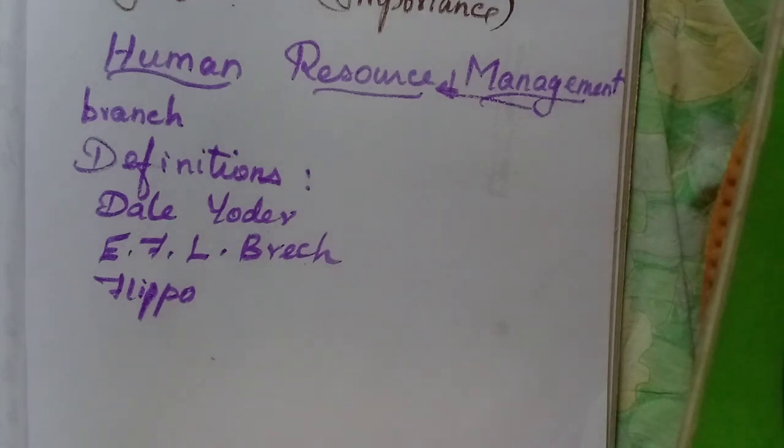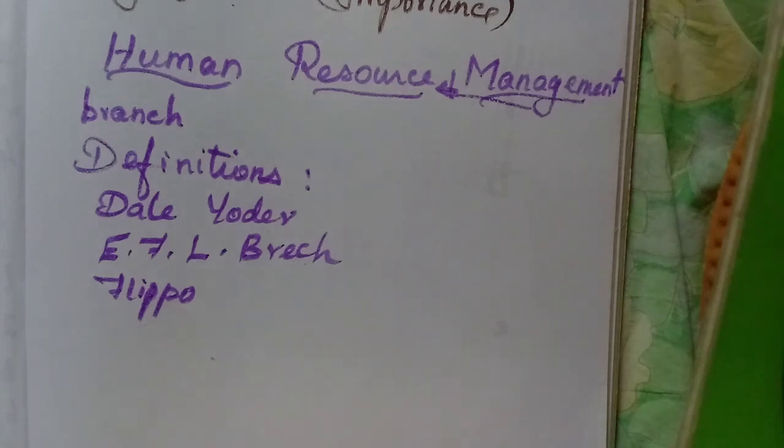There they said process, here he is telling it as a personnel function. Okay, personnel means dealing with the people, those who work in the organization. So, personnel function that is concerned with, what?